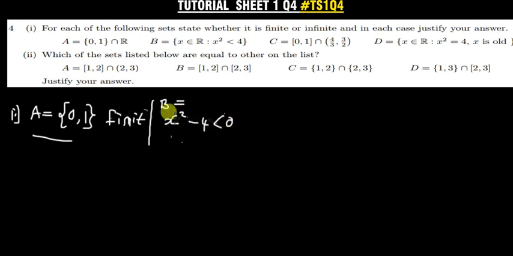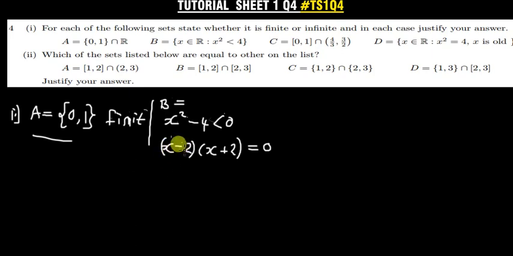We can see this is a difference of two squares, so we say x minus 2 and x plus 2. So that's the difference of two squares. Instead of using this symbol, let us put the equal sign here, since we need first to find the critical points.